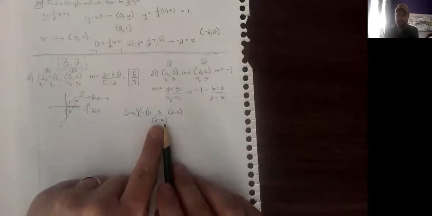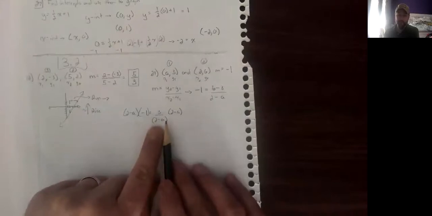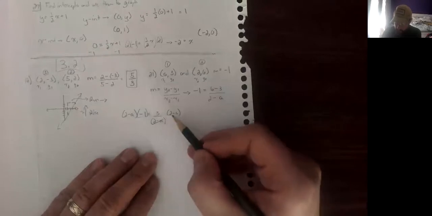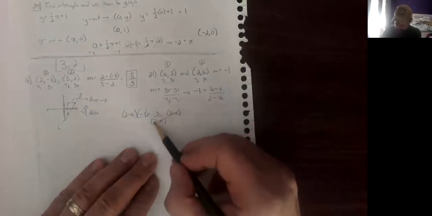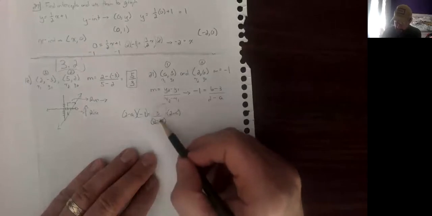So to do that, I'm multiplying both sides by that quantity. Whatever's in your denominator, it doesn't matter how big it is, you multiply the entire equation by it, and it goes away. So 2 minus a divides into 2 minus a. That's going to leave me with 3 over here.